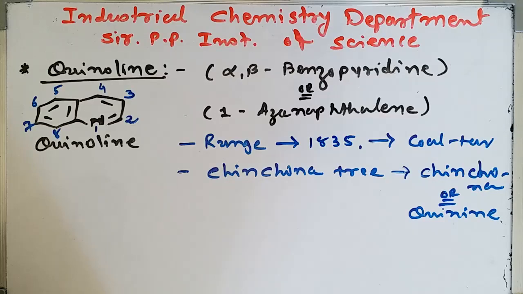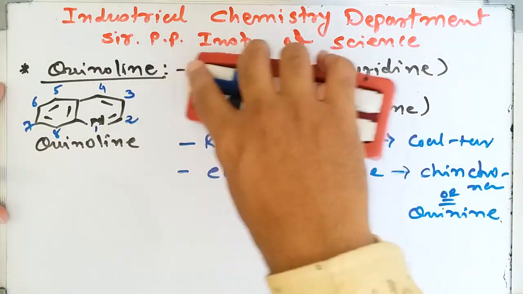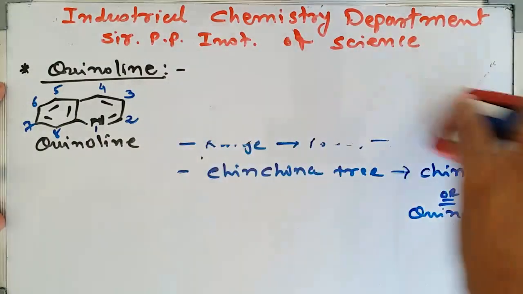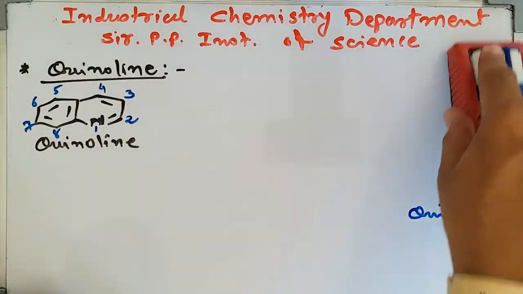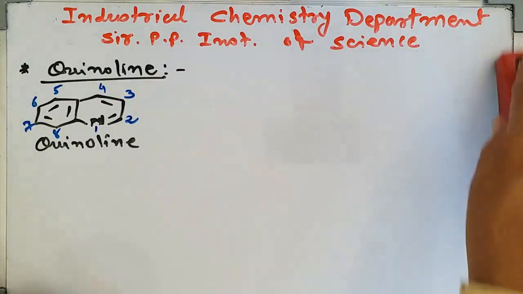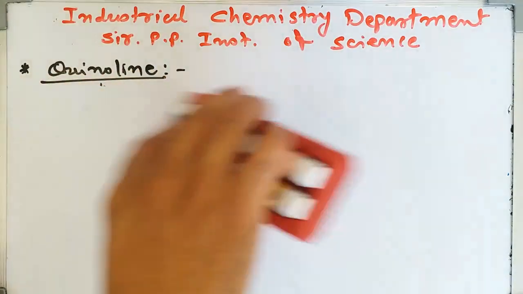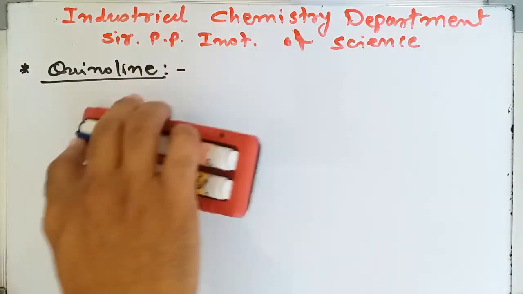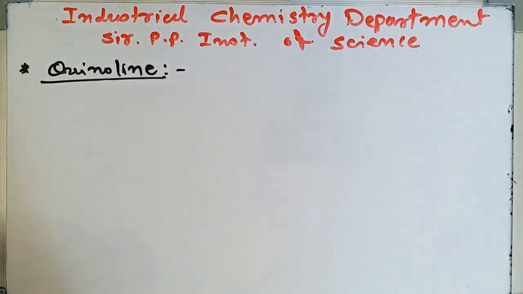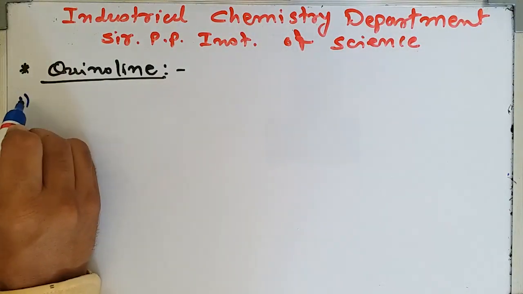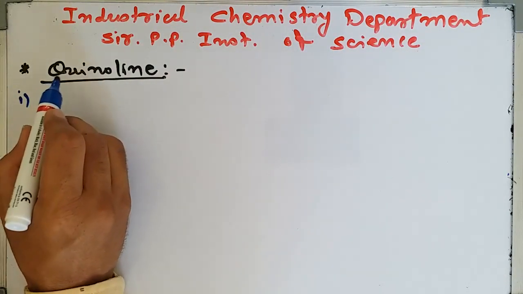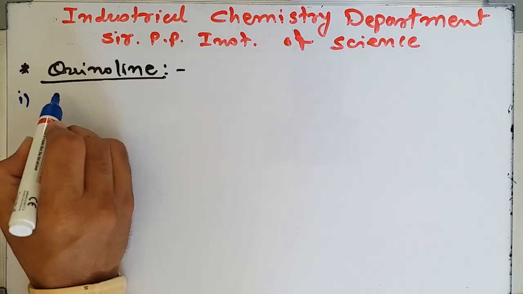We have some methods, so we start quinoline with a synthetic method. The first method was given by Skraup, so it is known as Skraup's synthesis.